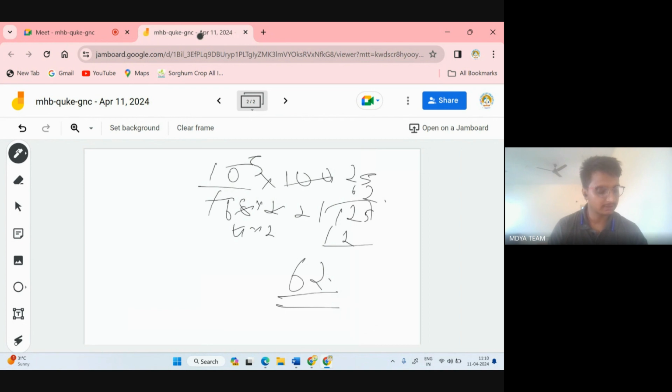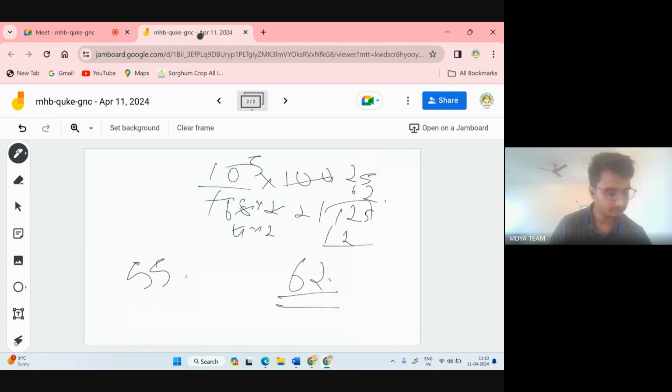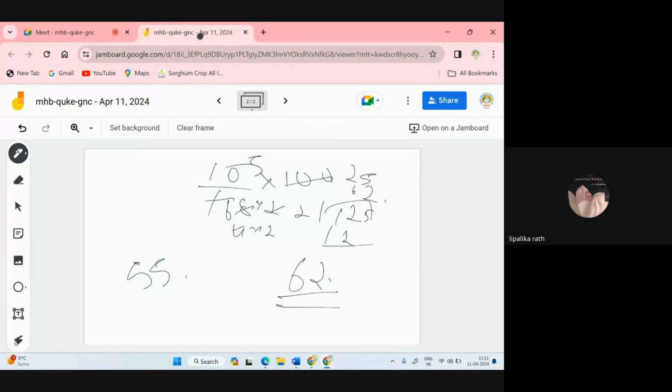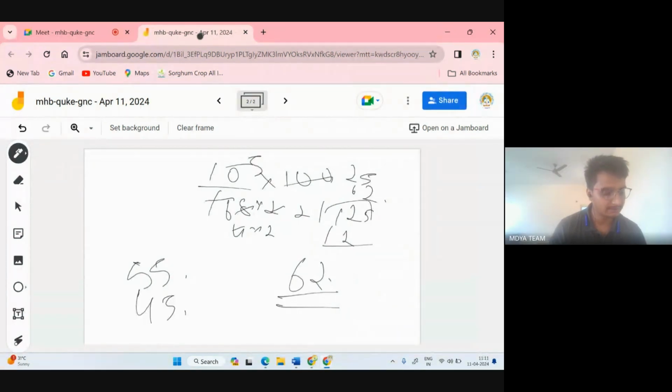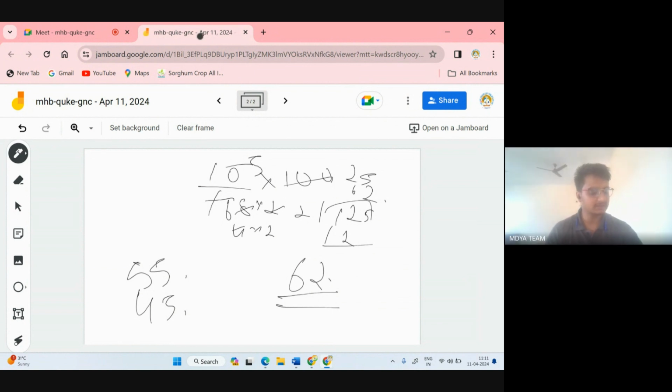What is the solution of the third question? How much did you get? 45.45%, sir. I got 45.45%. 45% approx. Okay. Any other solution?